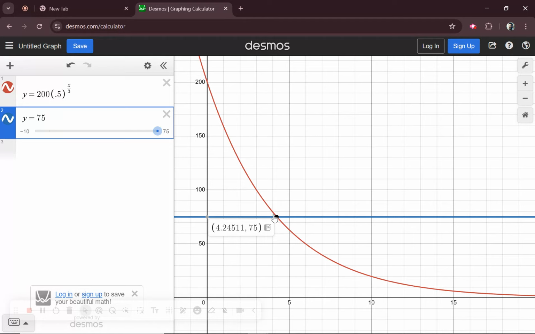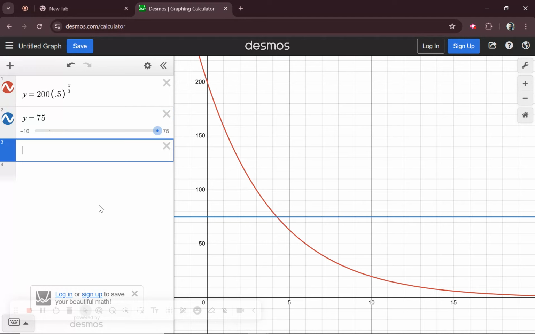Okay, what do I mean? The 0.24511 there, we have to multiply that by 60 to get the number of minutes. Okay, there's 60 minutes in an hour, and this is just ever so slightly underneath a quarter of an hour. Therefore 14.7 minutes. But I asked you to the nearest minute.